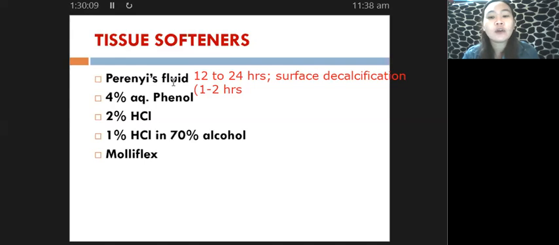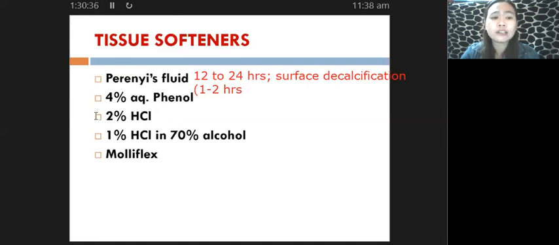Apart from Perenyi's fluid, we can also make use of 4% aqueous phenol. This is the same reagent that we use for Lendrum's method, if you can still remember. Where is Lendrum's method used? For the softening of hard tissues in fixation. So it's the same reagent, 4% aqueous phenol.